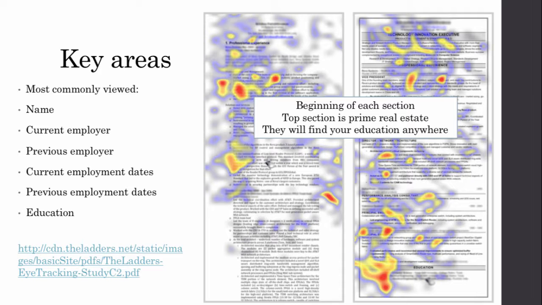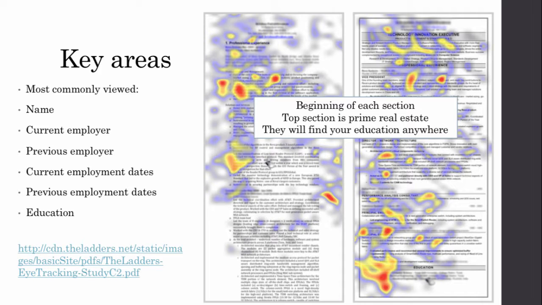And also the top section, which is this section right here and right here, as you can see, has much more dwell time, much more time looking in this section, and can be thought of as prime real estate.